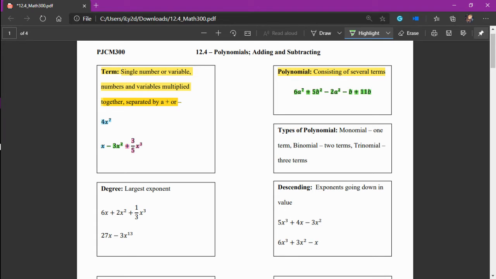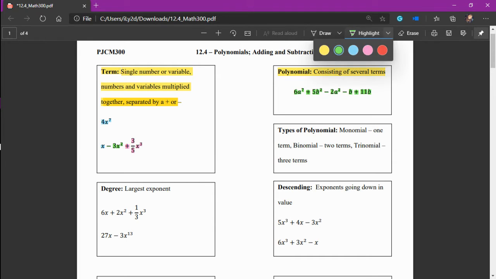That would be 1, 2, 3, 4, 5 different terms. If you ever hear me say that we're doing something with this polynomial, I'm just speaking about something that contains multiple different terms.